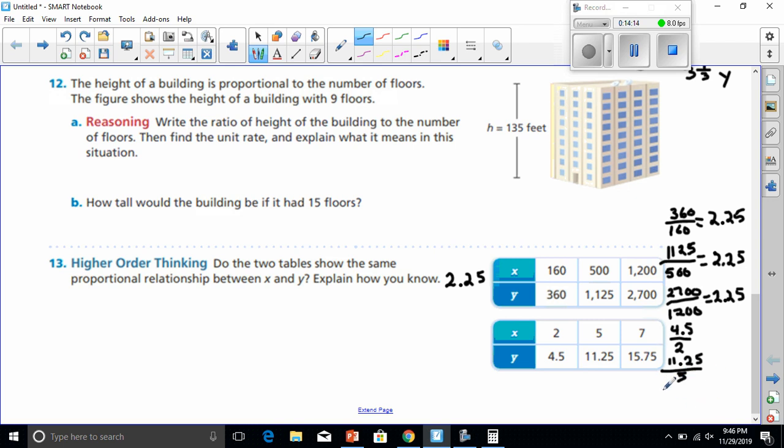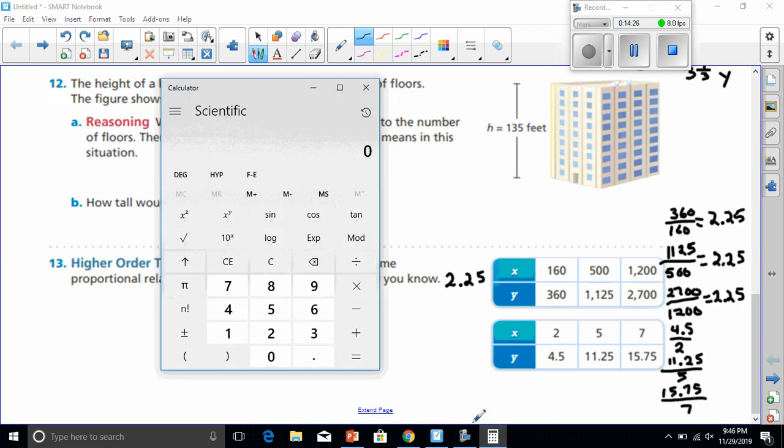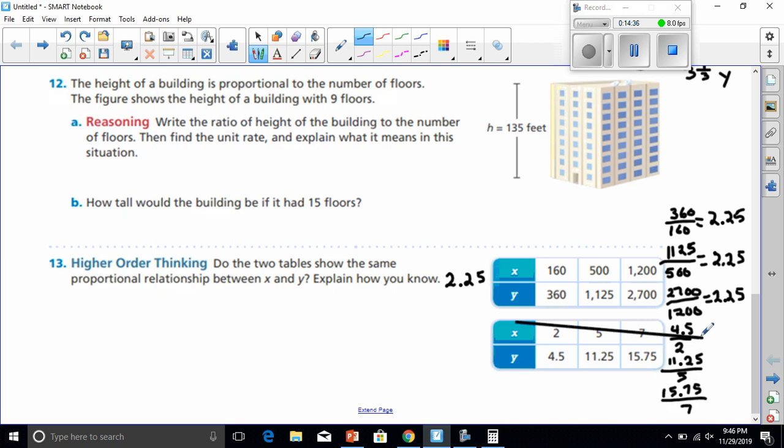And the last one's going to be 15.75 over 7. All right, let's give it a shot. 4.5 divided by 2. That's going to be 2.25.